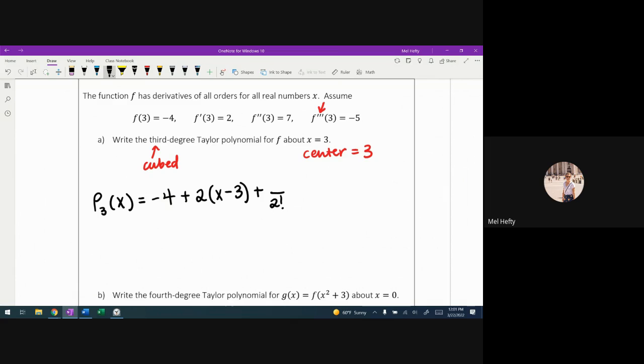What derivative is going to go on top of that? The second derivative, which is, oh, you said 7. Sure, just pretend. All right, what goes on here with the x's? x minus 3 squared. Notice we have second derivative over 2 factorial, second power. It all matches.